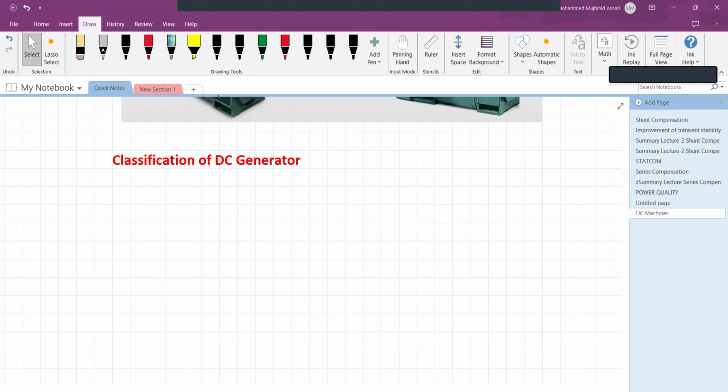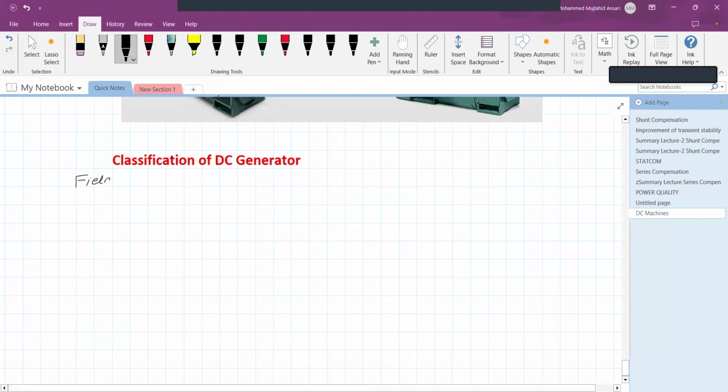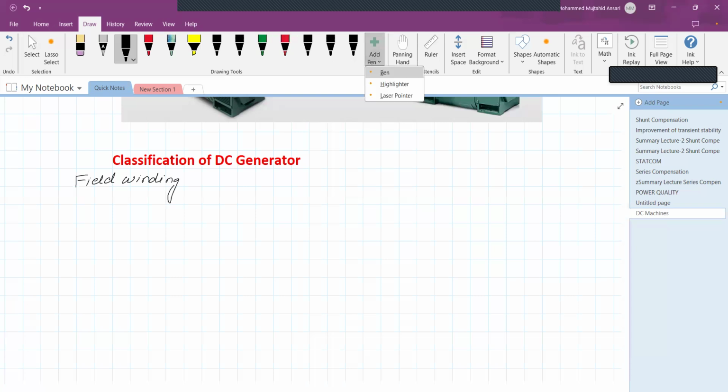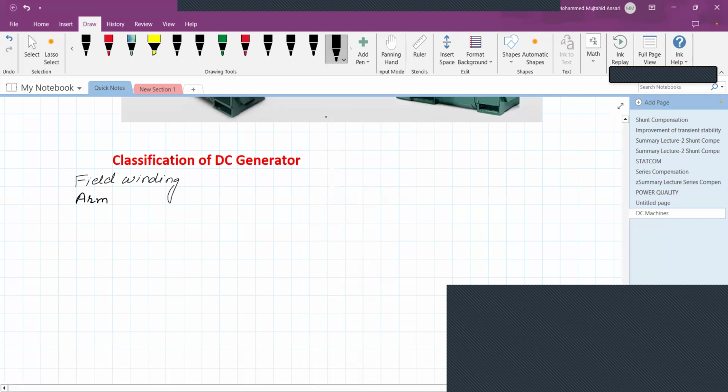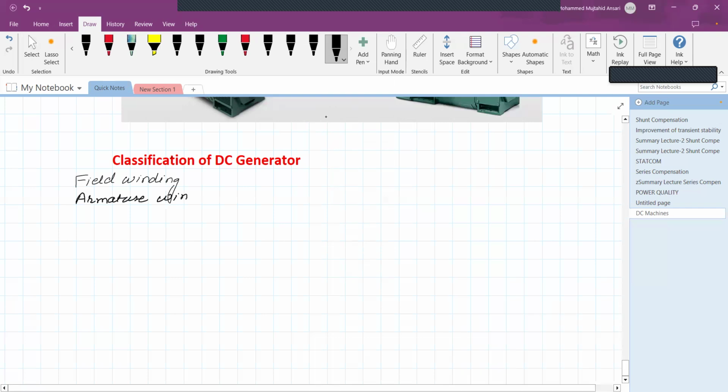It comprises the field winding and the second is the armature winding. The field winding is placed on the stator, whereas the armature winding is placed on the rotor.